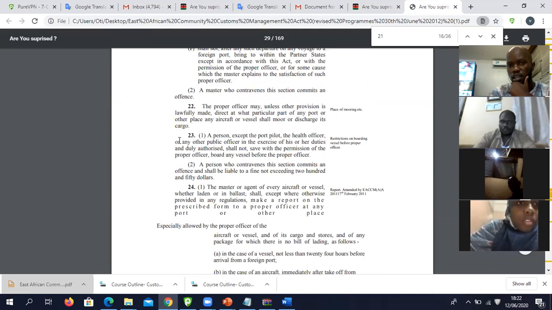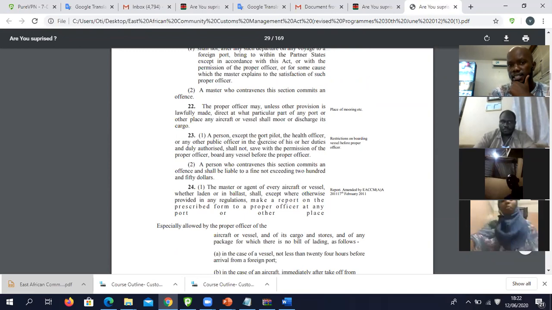You can see 23 clearly states here, a person except the port pilot, the health officer, or any other public officer in the exercise of his or her duties and duly authorized shall not, save with the permissions of the proper officer, board any vessel before the proper officer.